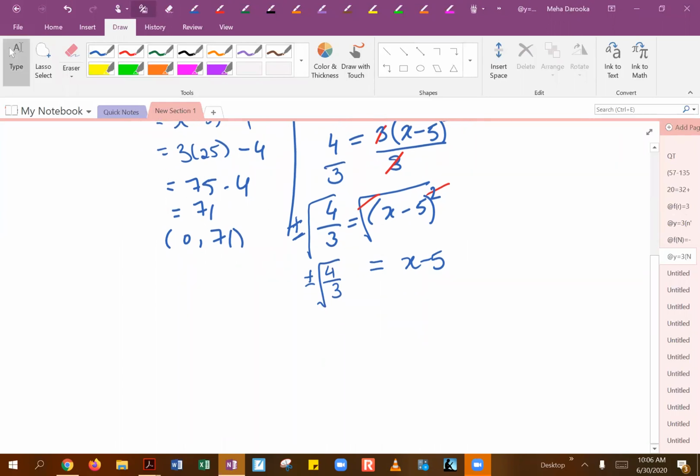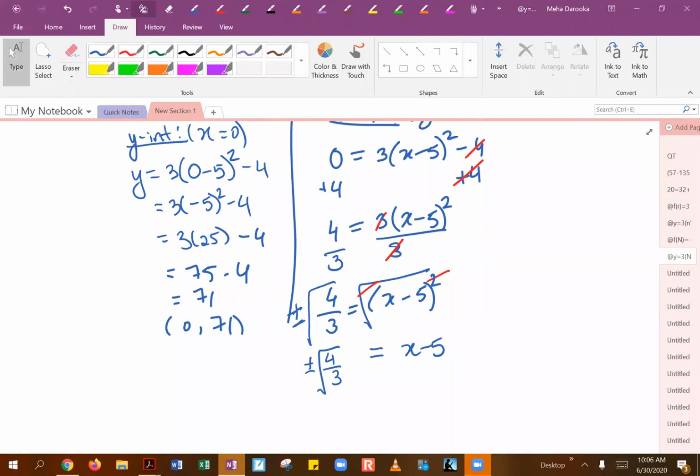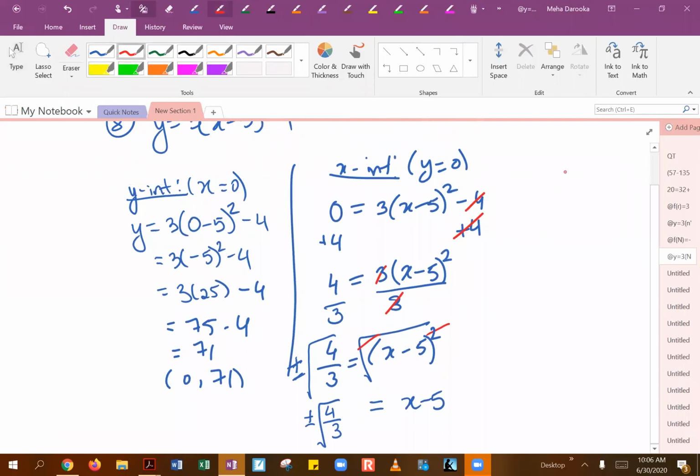So before you move the 5, I actually want to talk about how we can clean up that square root of 4/3, because you know in algebra we do not leave radicals on our denominator value, so we would actually need to clean that up. So let's just look at how we can do that. So we have square root of 4/3.